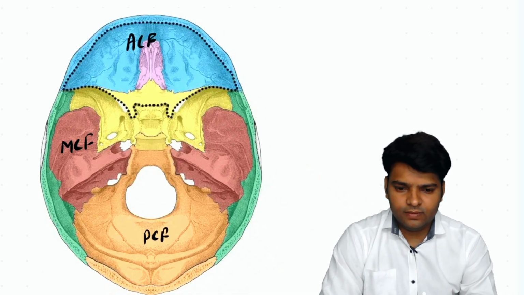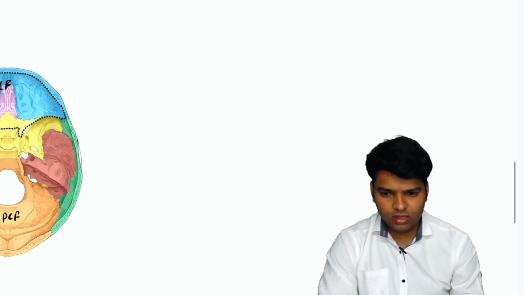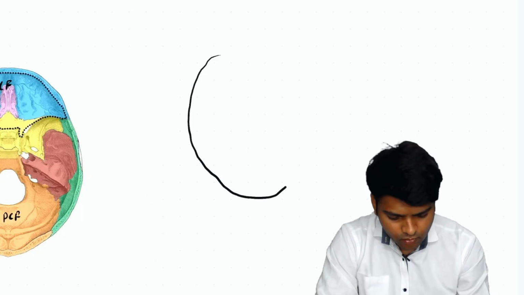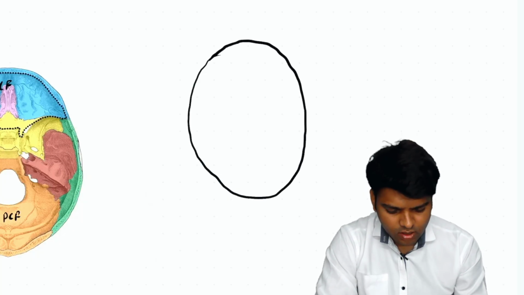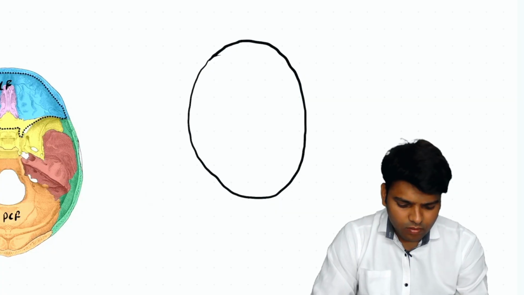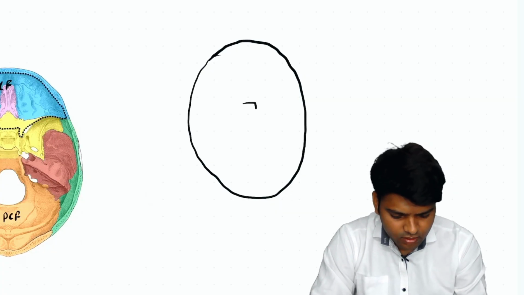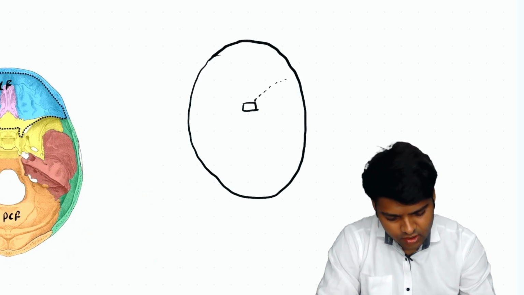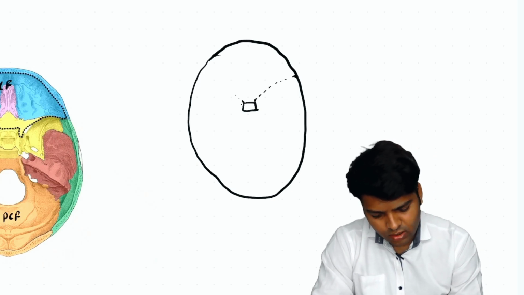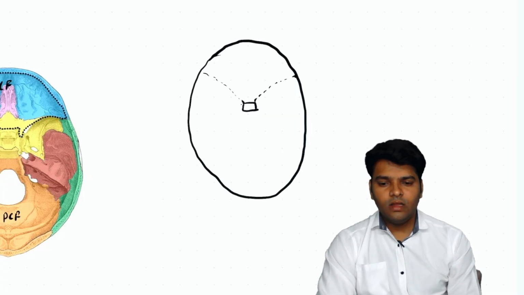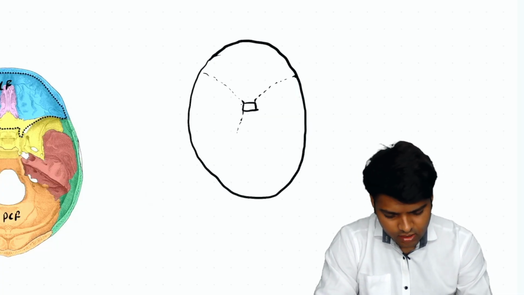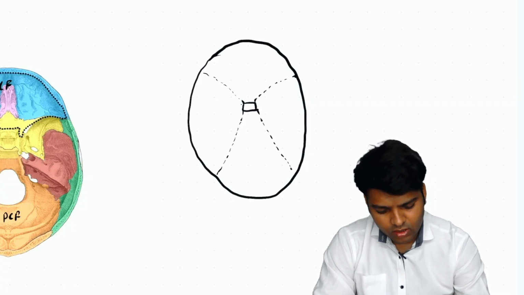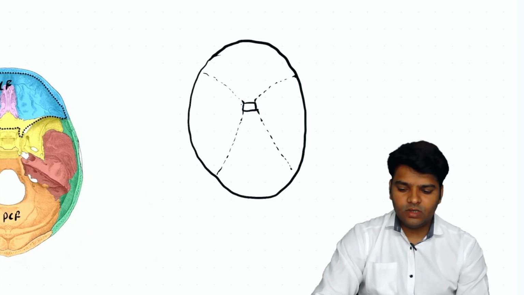I want to draw here the cranium. This is the cranium part, and this is the body of sphenoid, and from here I am making this line which is the lesser wing of sphenoid, and this line is the apex part of the temporal bone.